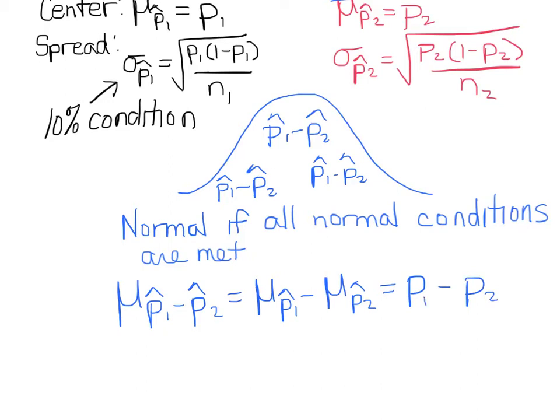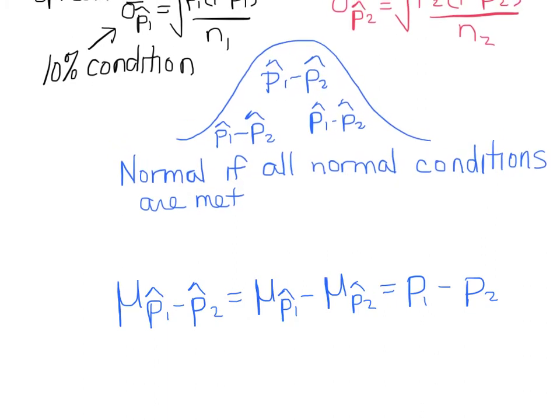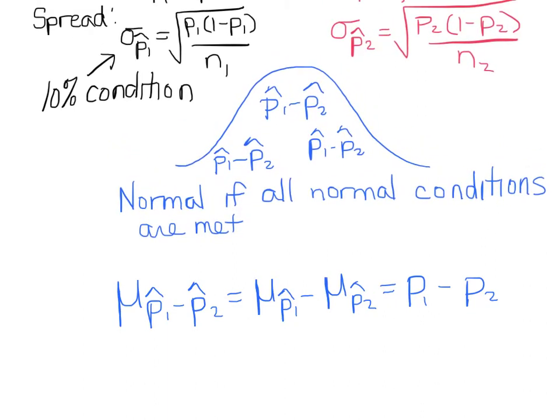Okay, the spread is the one that people often goof. Okay, the spread one is a formula that y'all have known for a while. If I want to find the standard deviation of P hat 1 minus P hat 2, I take the standard deviations, okay, so that would be these right here, square them.